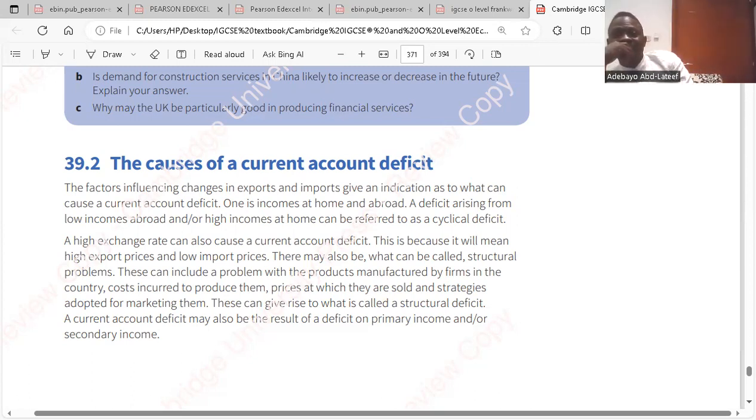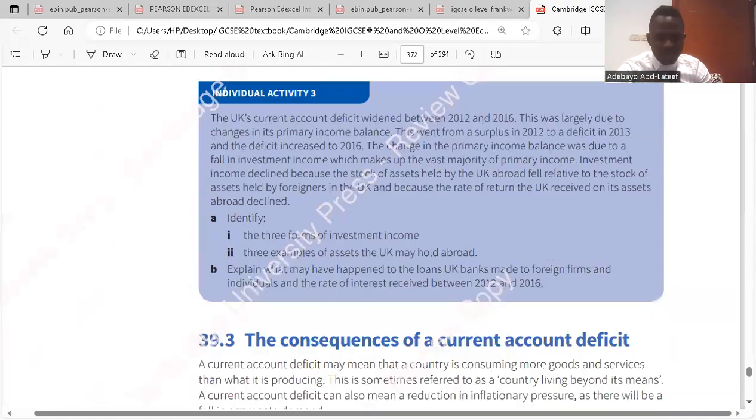That is structural. They don't get the income that they're expecting, so expenses continue to increase and revenue stops coming. Deficit. Structural deficit. Is it clear now? Yes. So we go down.